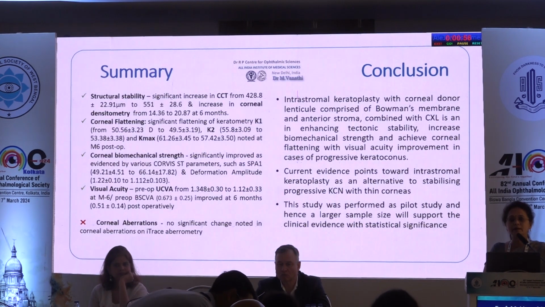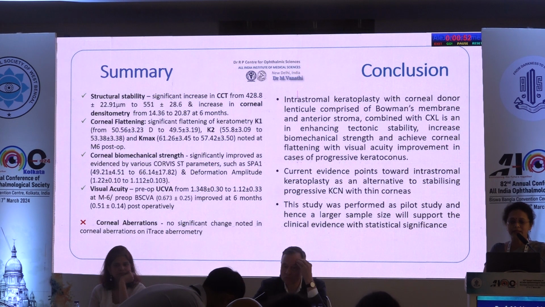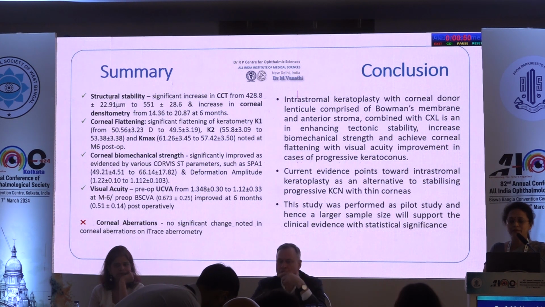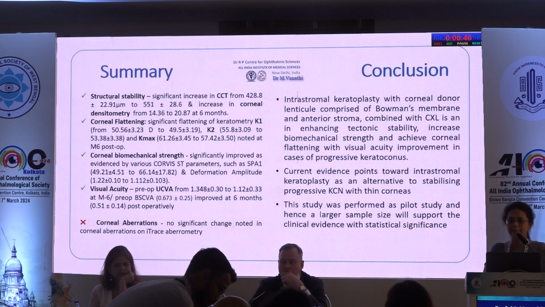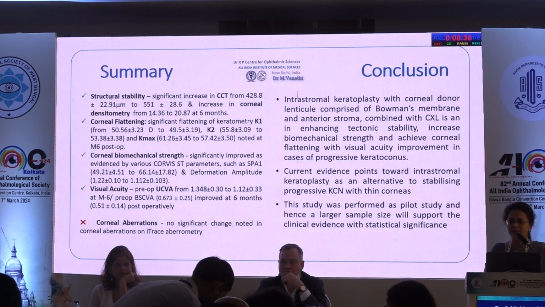Watching their IOP is something you need to look at, because you need to look at the biomechanically corrected IOP in these patients. Well, this procedure does bring about structural integrity, does cause a significant corneal flattening in these patients, and does work in producing stability of these corneas and the change in some of the Corvis biomechanical parameters here.